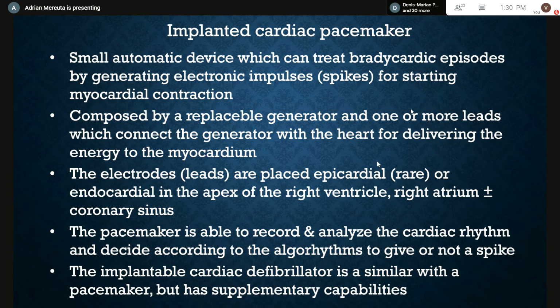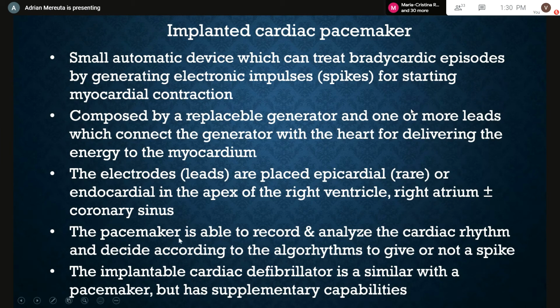If there are three, there is also a lead put in the coronary sinus for stimulating the left ventricle itself. Mostly the leads are endocardial. Only exceptionally are they put epicardially, usually when a patient has surgery and the pacemaker is put in after the surgery.